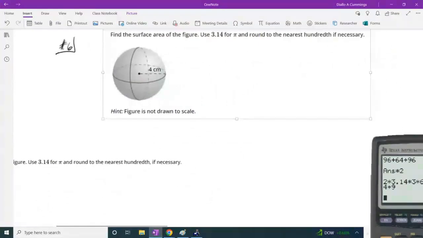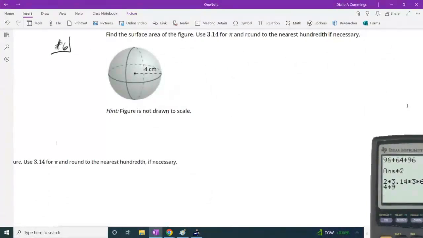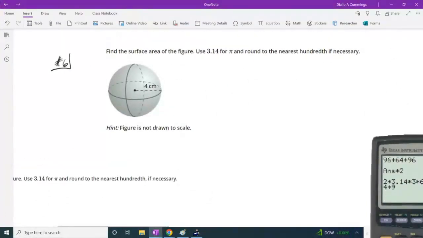And we have a sphere, and we're asked to find the surface area for a sphere. So the formula for the surface area is 4 times pi times r squared. And I'm simply going to substitute r for 4.